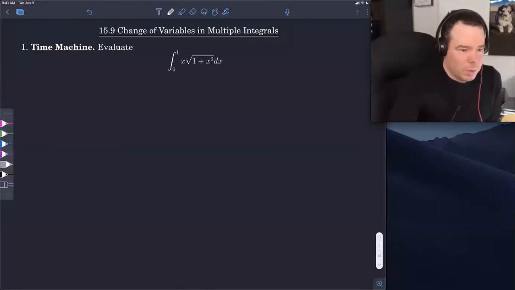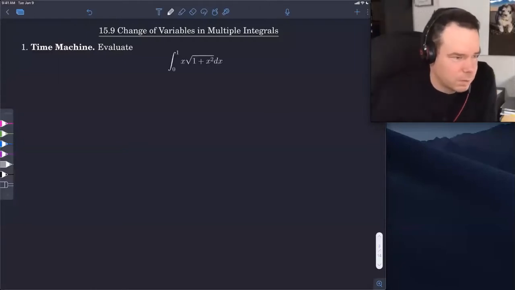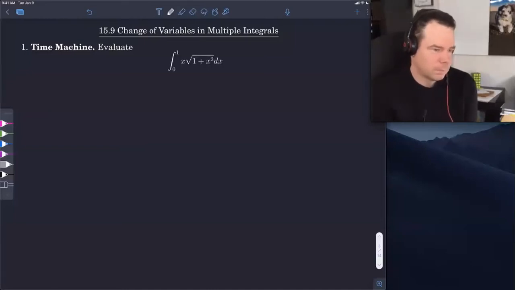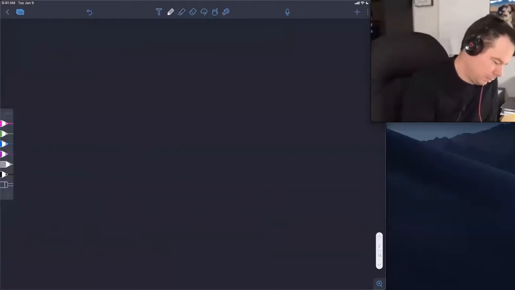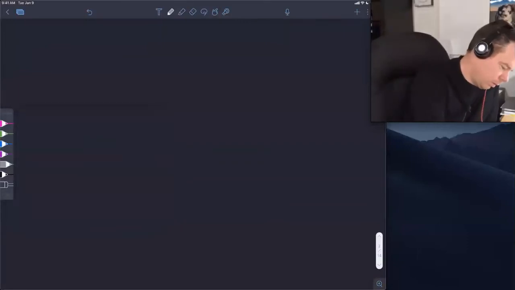In spherical coordinates, rho, theta, phi, what is the volume element given by? While you're answering that, I will just write down our results here.